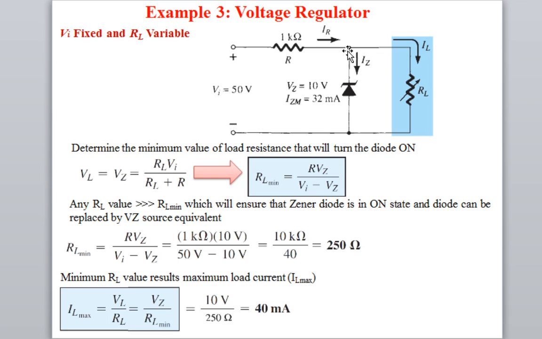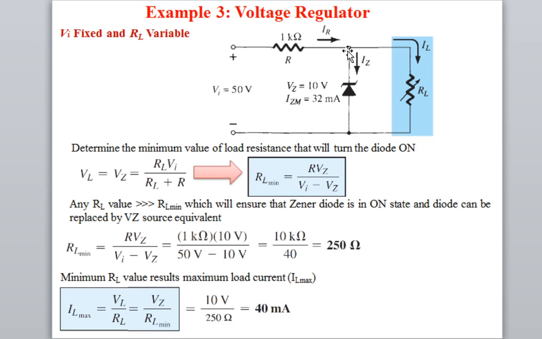So in order to solve such a numerical problem, the basic idea remains the same. The basic idea is that we have to first analyze, as in the previous problem, whether the diode is in forward bias or, obviously in case of regulation, the diode is in reverse bias, but in reverse bias whether the diode is in conducting stage or non-conducting stage.